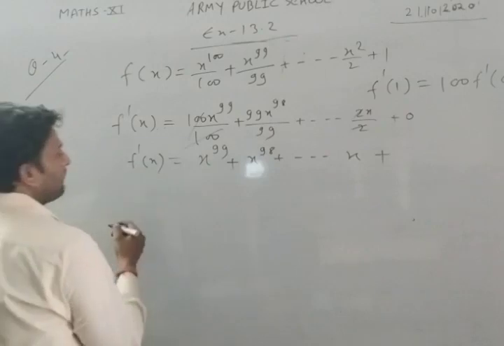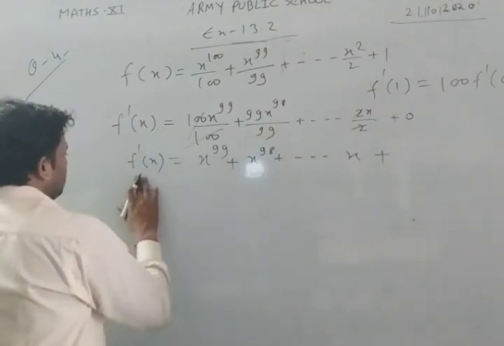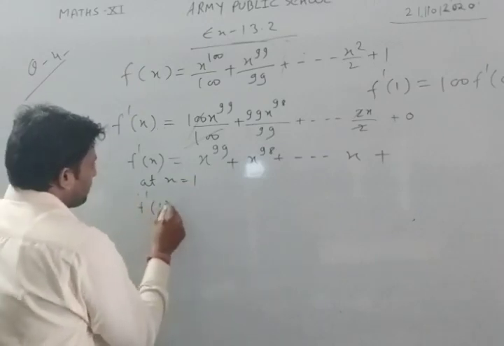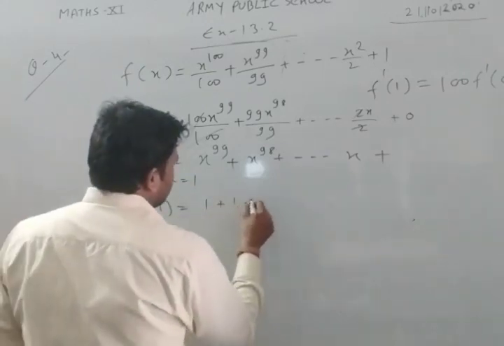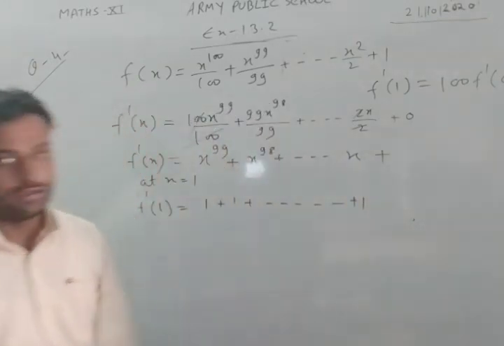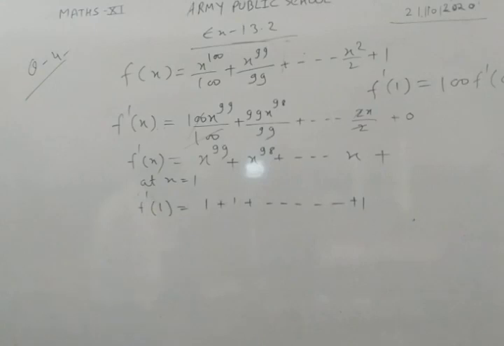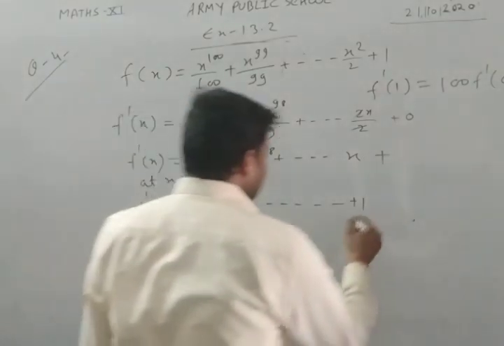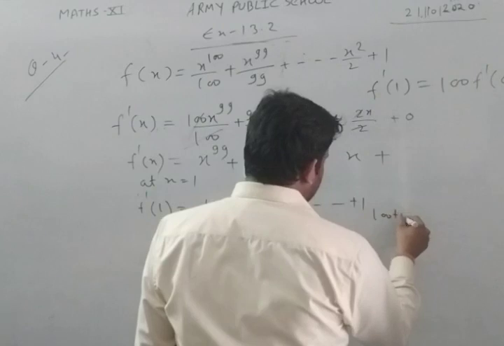Now putting the value at x is equal to 1, f dash 1 is what? 1 plus dot dot dot plus 1. This 1 is how many times? This is 100 times.